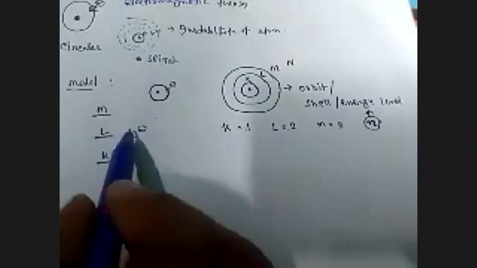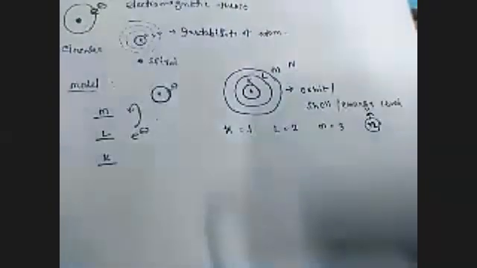This energy is more compared to the energy of the K cell, but less compared to the energy of the M cell. Now tell me, if this electron had to jump to the M cell, it has less energy compared to M. So it will have to acquire energy, because it jumps to a high energy orbit.